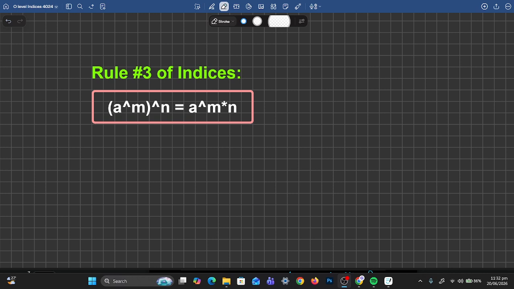Now the third rule of indices is a to the power m, whole to the power n, is equal to a to the power m into n.